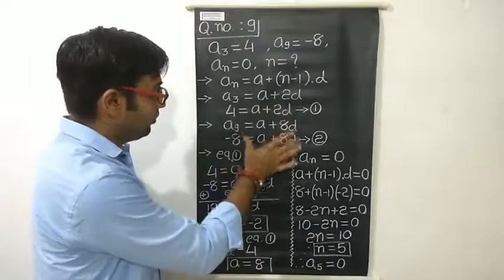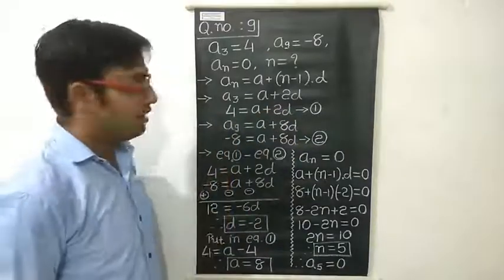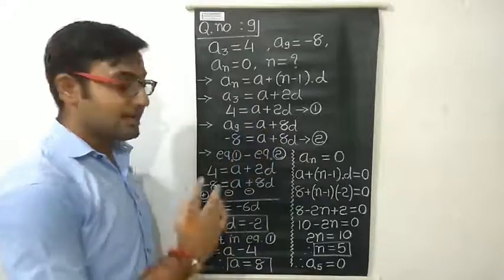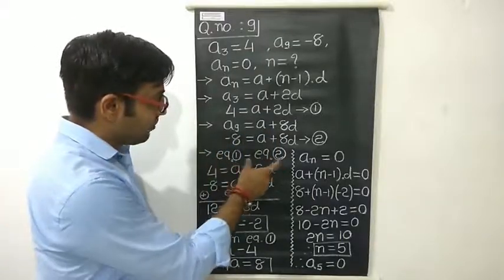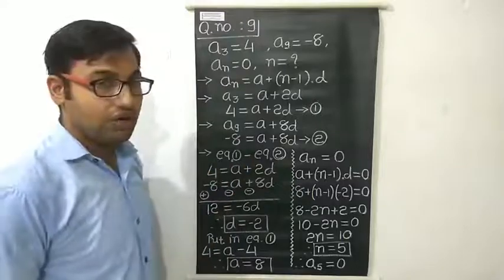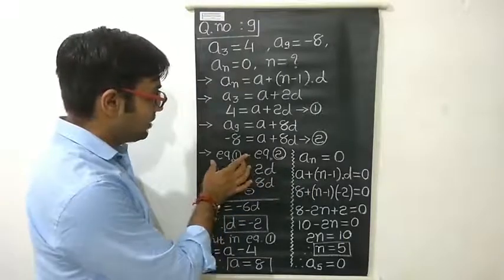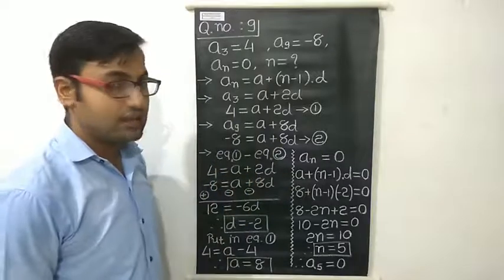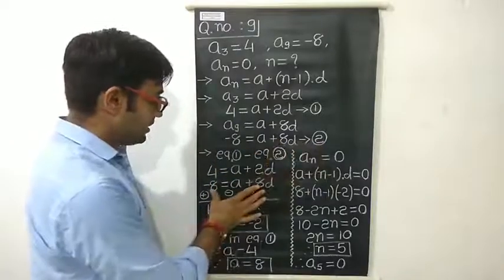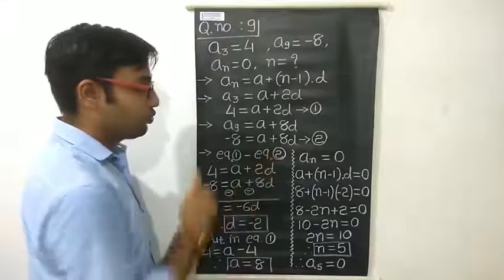Right? Now we have two equations and two variables. We can solve this by the elimination method. Subtract equation number 2 from equation number 1. Then this equation will remain as it is: 4 is equal to a plus 2d. And this one will remain as it is, but we have to change the sign.